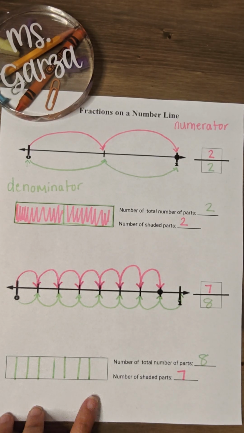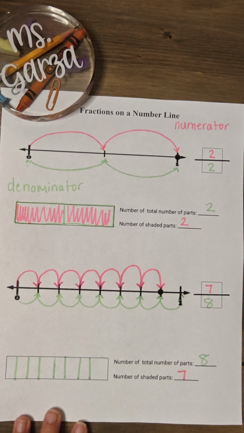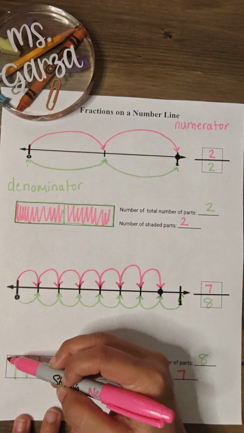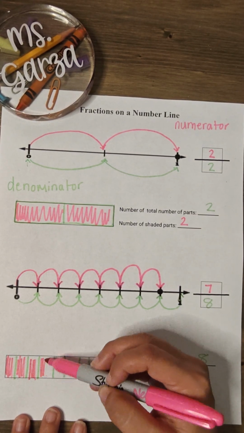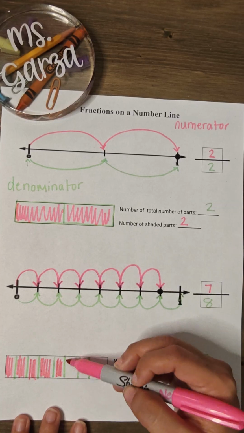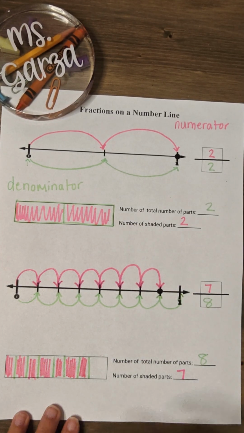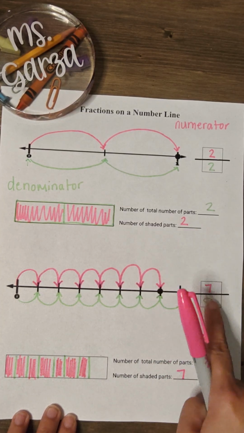Now mine are not super even, but when you try to make your own fraction strip, try to be as equal as possible in each piece. And now we're going to shade 7 parts. 1, 2, 3, 4, 5, 6, 7. So this fraction strip represents 7/8, which is the same thing that we have over here.